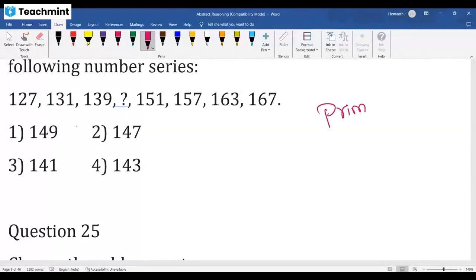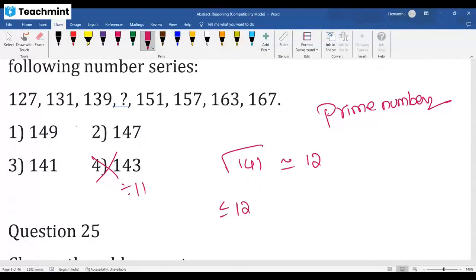For information, these all are prime numbers. 143 is not a prime number. It's divisible by 11. How can you decide whether a given number is prime? Sir, is 141 prime or not? How to know? Take the square root of 141. It's approximately 12. List the prime numbers less than or equal to 12.